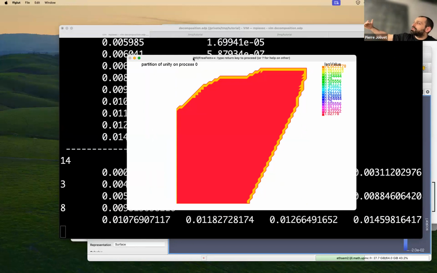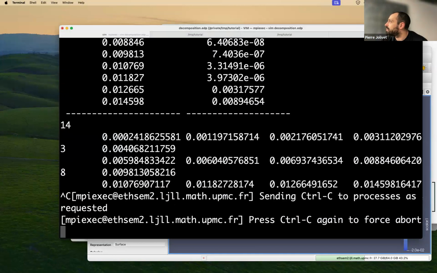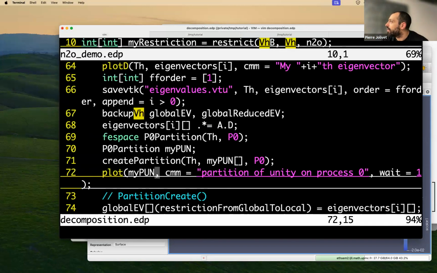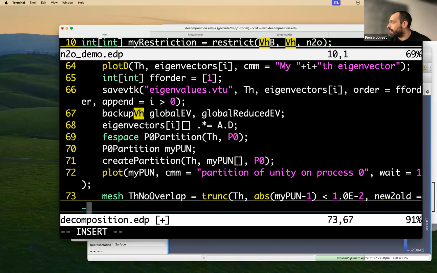And so now basically what you can do is something like mesh th no overlap equal trunk th apps mypen -1 inferior at some threshold, new to old equal local restriction without overlap.